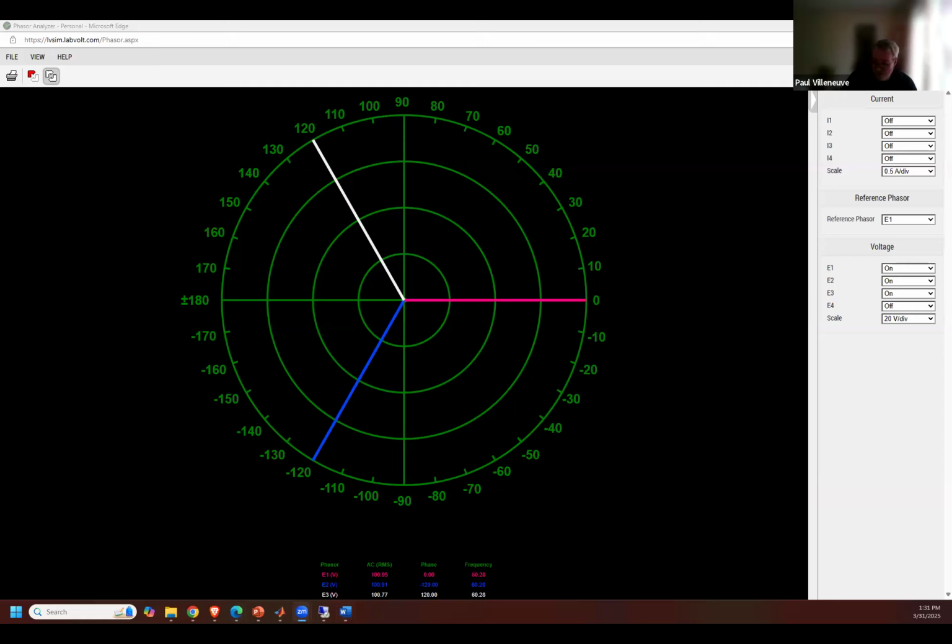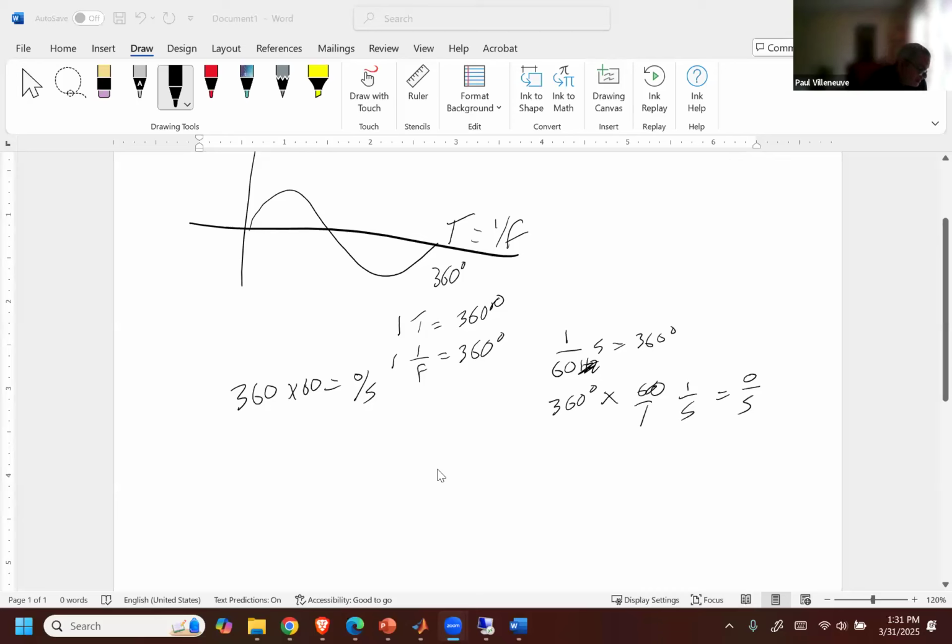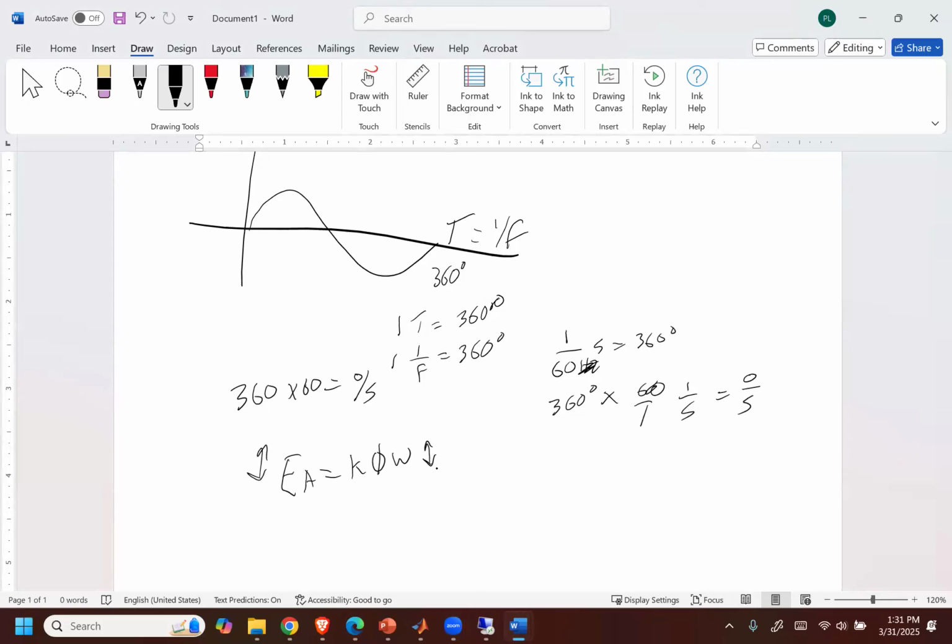I apologize, I'll wake up the whiteboard. Because remember the equation we showed in class, EA equals K times phi times omega. As I increase or decrease the speed, it's directly proportional to the increase or decrease in voltage, right? Because this is a linear equation.